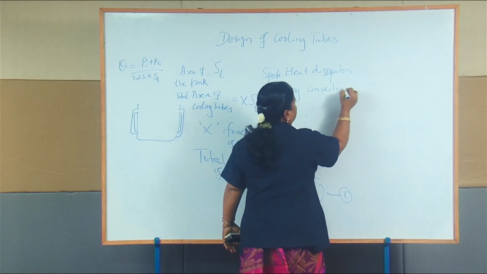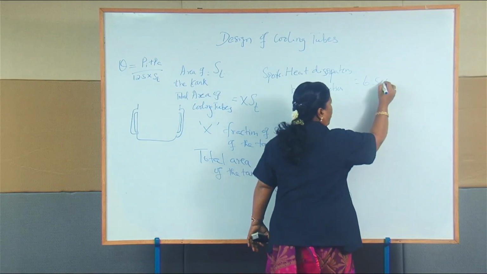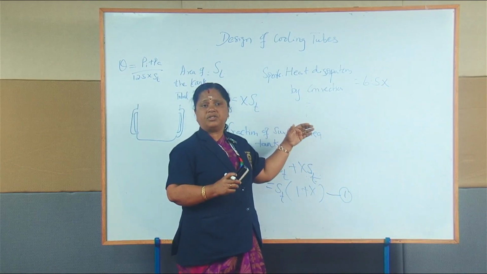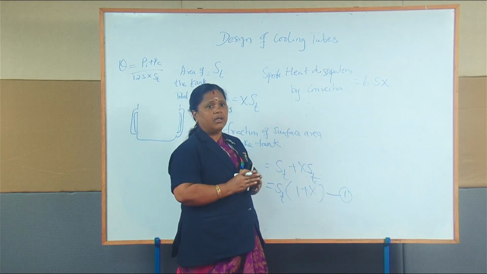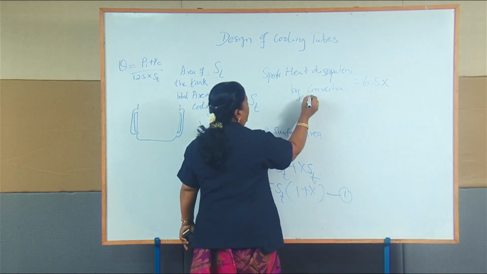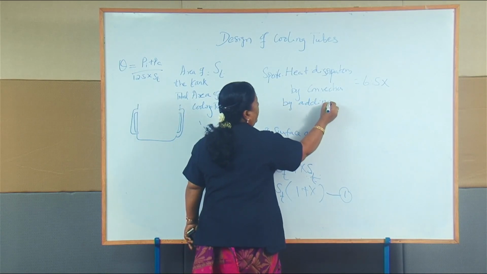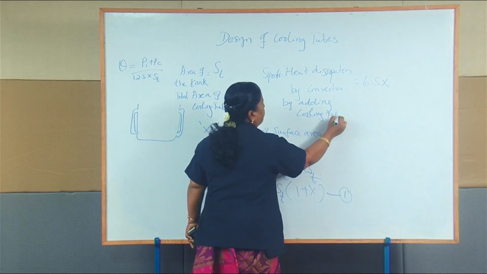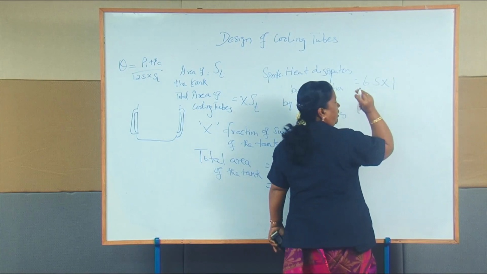It is 6.5 watt per meter square degree Celsius, which is dissipated by the plain wall tank, right. Now, by adding cooling tubes, it will be improved by 35 percent, as I told you.